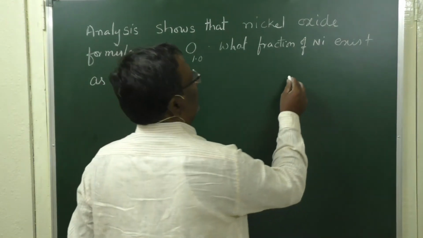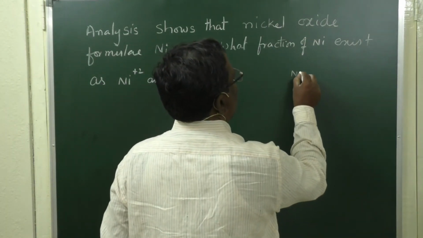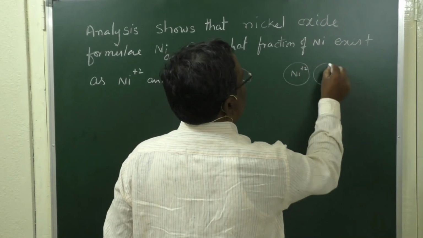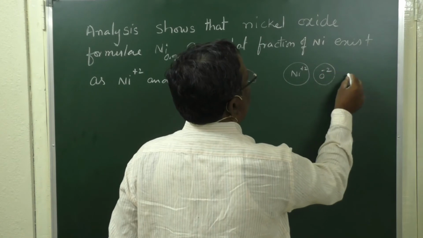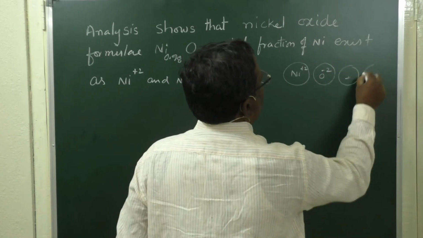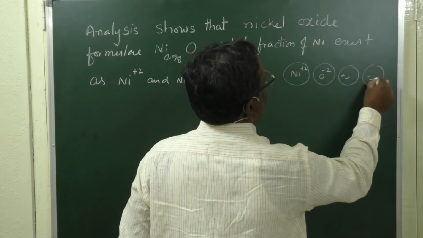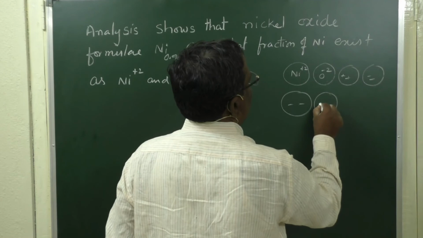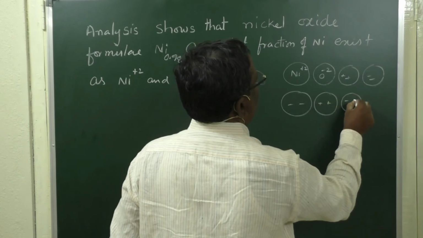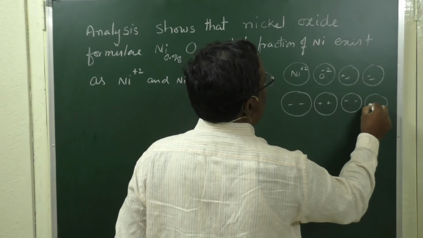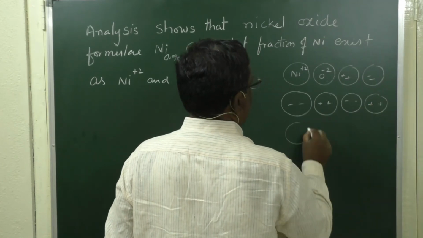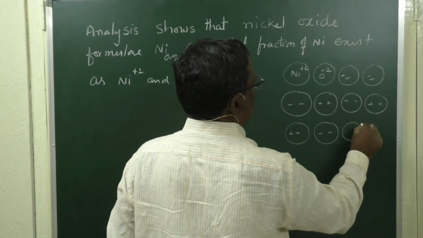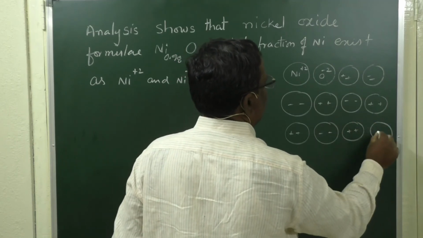In nickel oxide, generally nickel is present in the form of +2 and oxide ions are present in the form of O minus 2. Positive ions, negative ions, positive ions, negative ions, alternating.